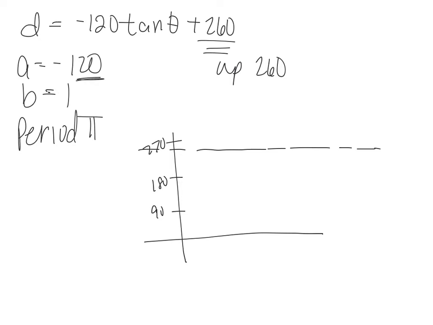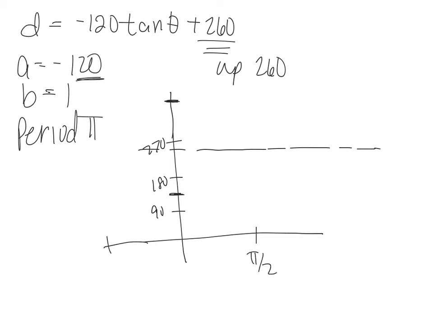My amplitude is 120, so 270 minus 120. About there. That's my midline. My period is pi.